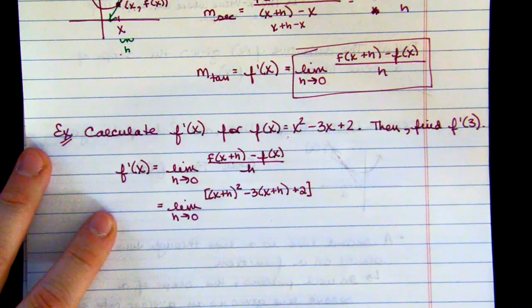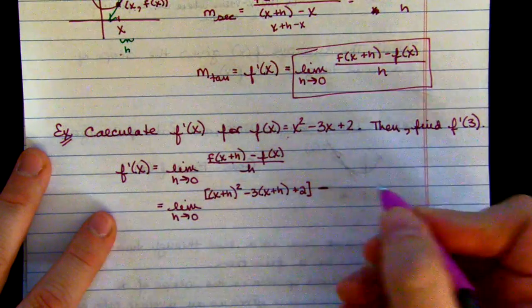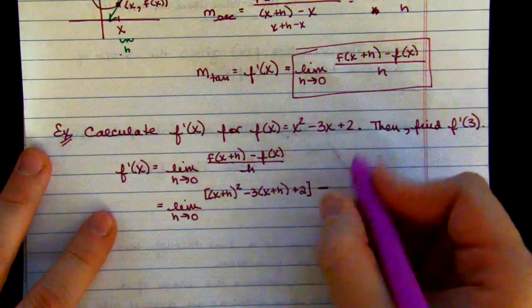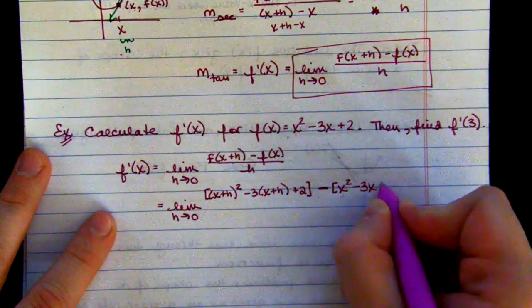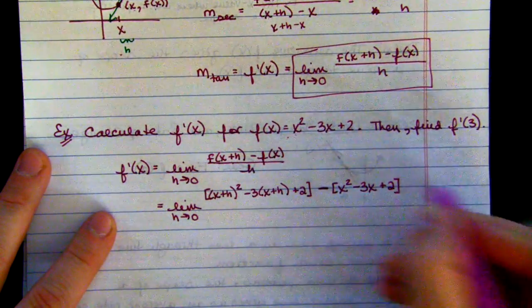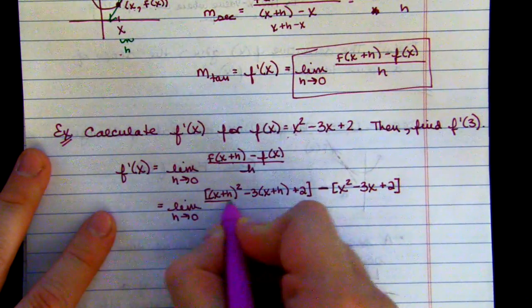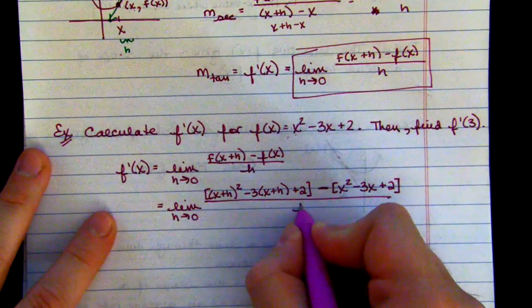That's f of x plus h. Minus f of x, well, f of x is just this thing over here, x squared minus 3x plus 2, all over h.